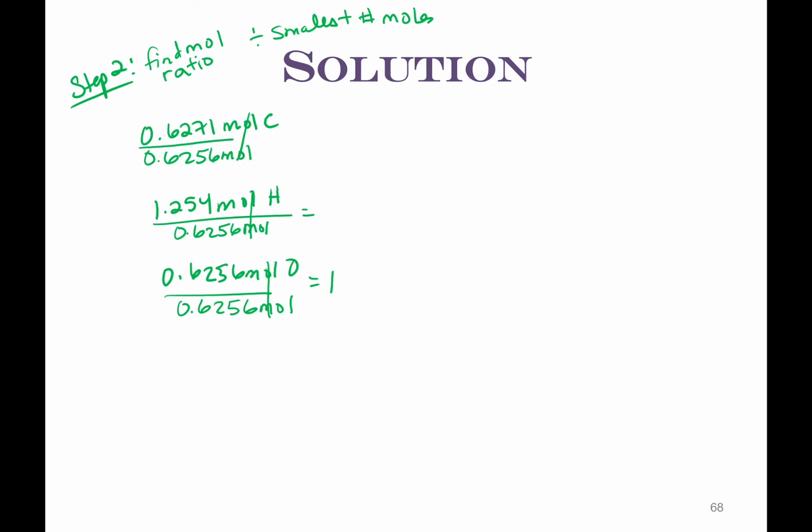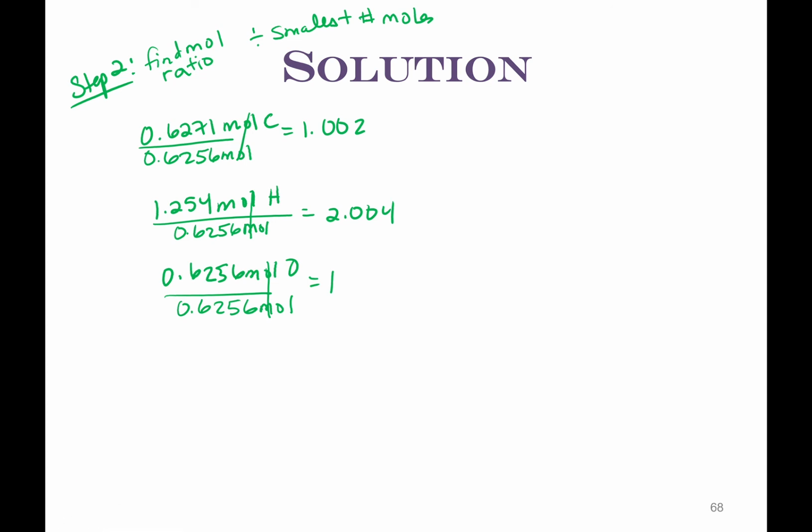So let's do that. 0.6271 divided by 0.6256 gives us 1.002. 1.254 divided by 0.6256 is 2.004, and we have 1 because it's divided by itself.